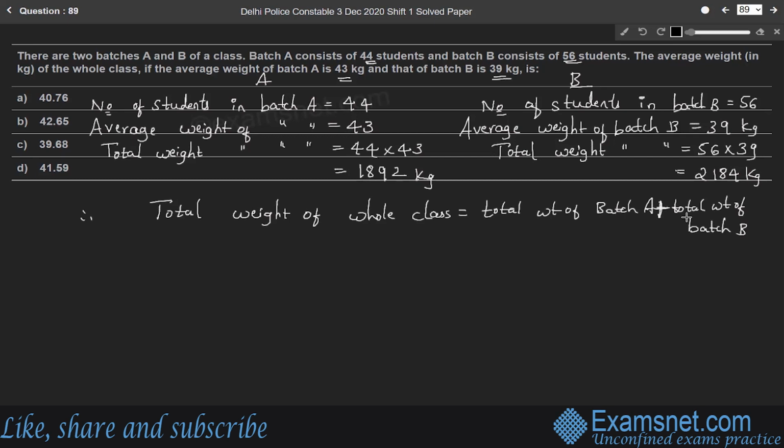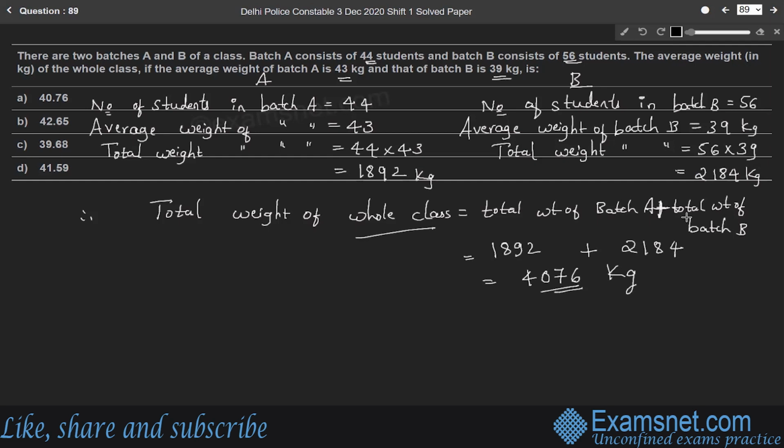So here, what is the total weight of batch A? 1892 plus that of batch B, 2184. It gives 4076. Total weight of the whole class is 4076.